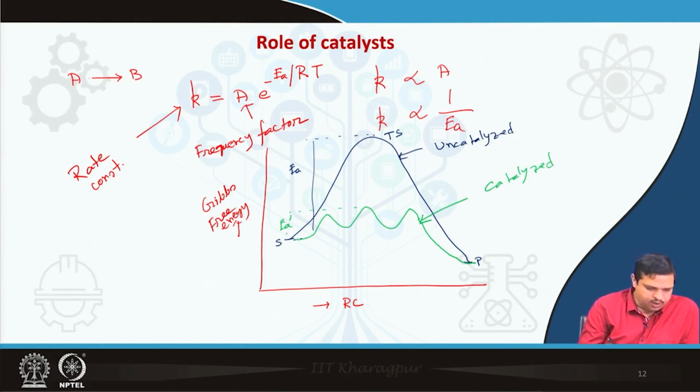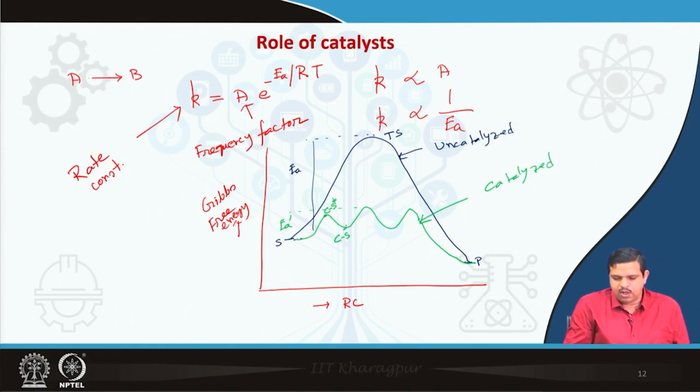This one is the catalyst and substrate transition state. Okay. This one is the catalyst substrate intermediate, because this is the transition state and this is the intermediate.